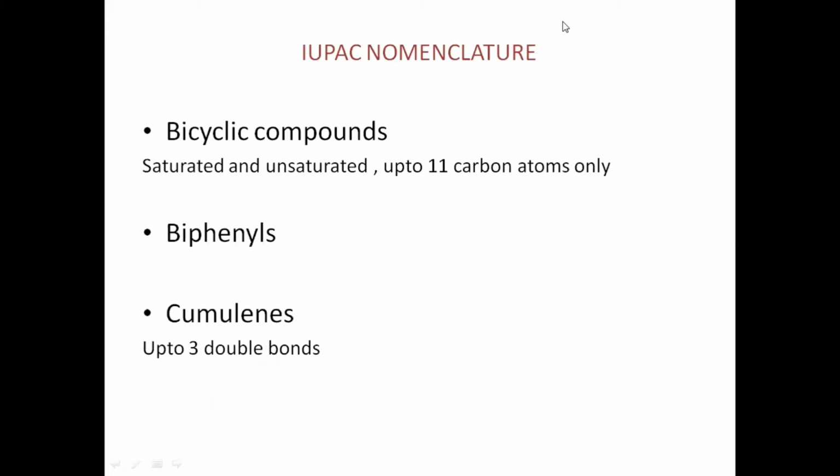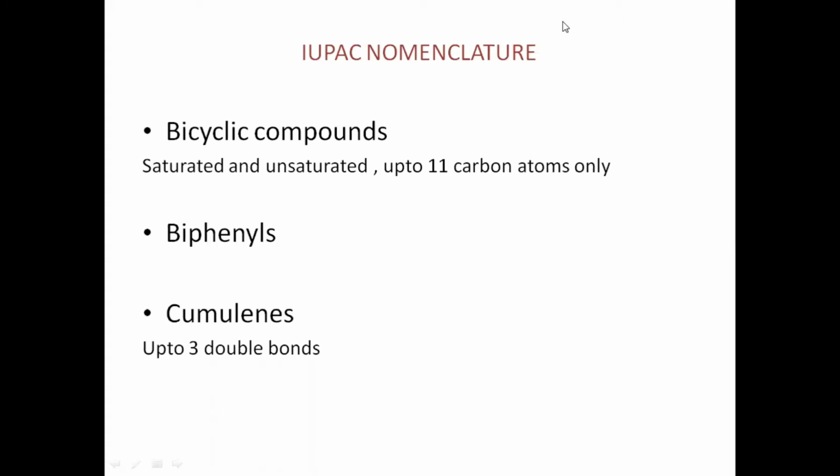So bicyclic compounds, these compounds have more than one ring system. Bicyclic means bi, which means two. So these bicyclic compounds contain two ring systems, and these are the saturated and the unsaturated compounds, with up to 11 carbon atoms present in this.